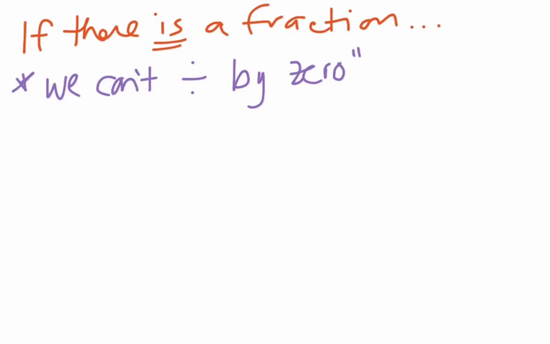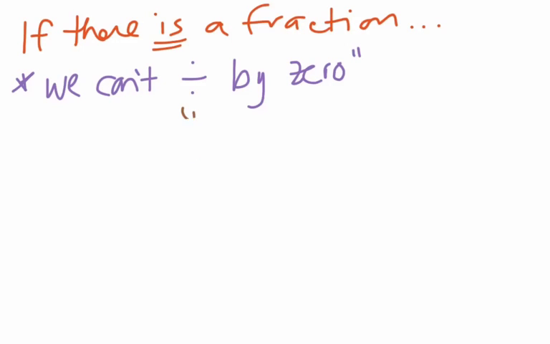If you grab your calculator and do something like 4 divided by 0, I'll do it on my cell phone calculator. It turns all red, and it tells me in big red letters, can't divide by 0. So we cannot divide something by 0.